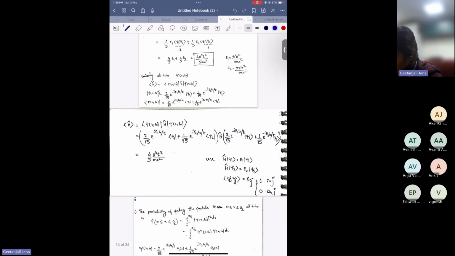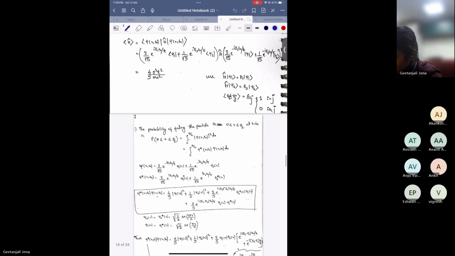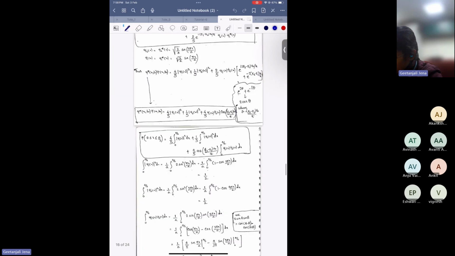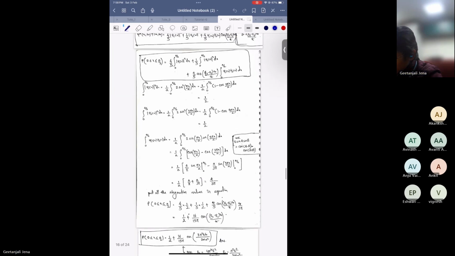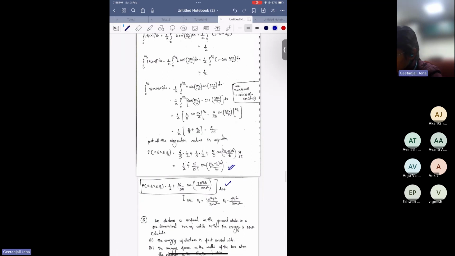So probability of finding it in the left half. So the final one you will get is, where is it? This one. I think this one. This is the final probability that you will get.